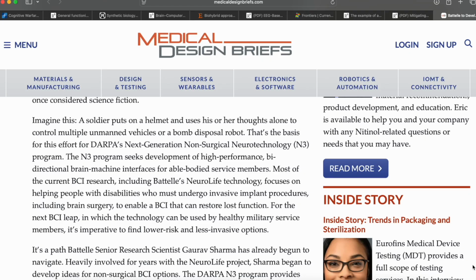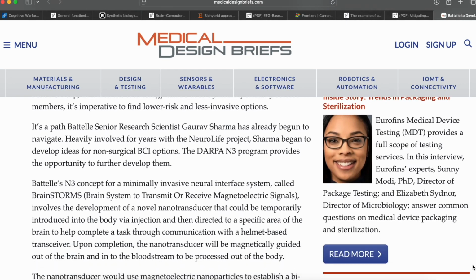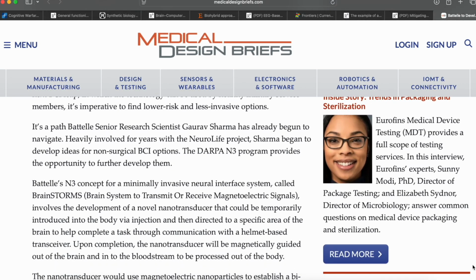For the next BCI leap, in which the technology can be used by healthy military service members, it's imperative to find lower risk and less invasive options. It's a path Battelle's senior research scientist, Sharma, has already begun to navigate. Heavily involved for years with the Neurolife project, Sharma began to develop ideas for non-surgical BCI options. The DARPA N3 program provides the opportunity to further develop them.